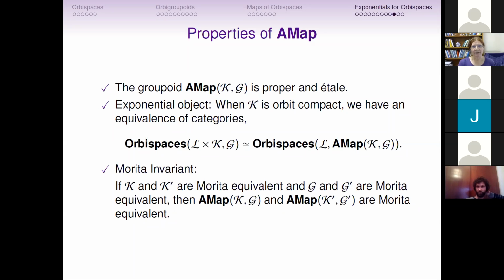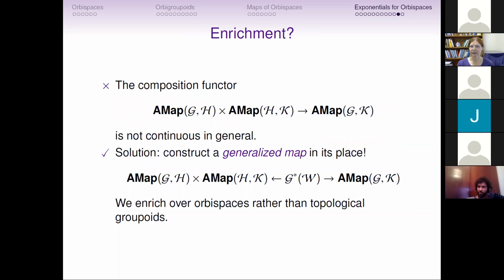The last thing on my wish list was enrichment, the composition function being continuous. It's not over Orbi groupoids, and for a while we were very sad, thinking that we had failed completely.